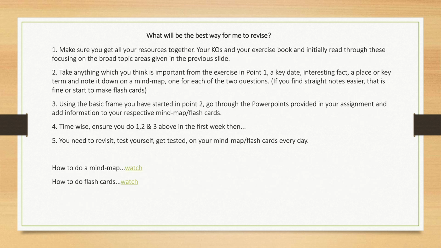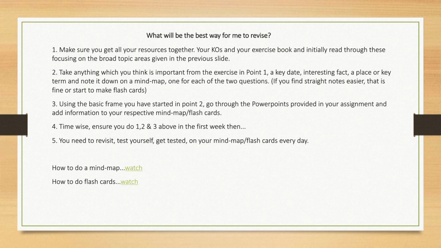So how would be the best way to actually approach this revision then? I think first and foremost, go through all of your knowledge organisers and your exercise book and just get up to speed on the 2 topics from the previous slide.